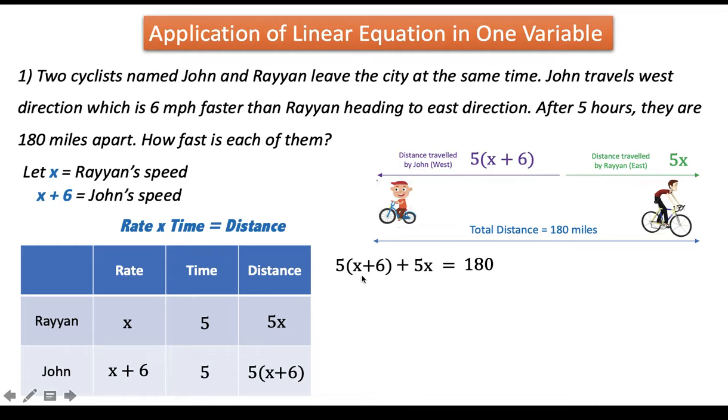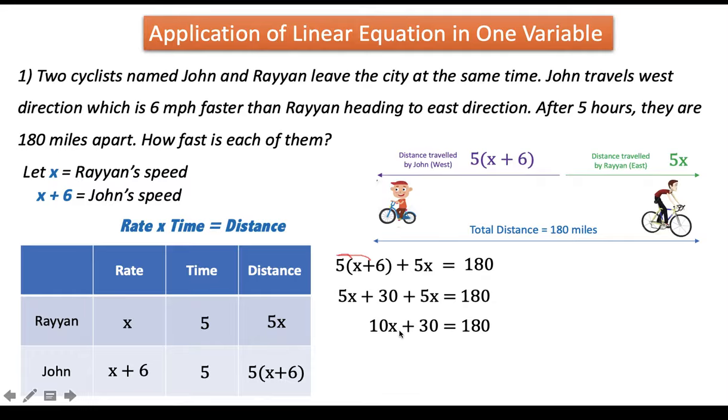Let us now simplify this. We distribute 5: 5 times x is 5x, then 5 times positive 6 is positive 30. Then write down plus 5x equals 180. Let us combine the like terms, 5x and 5x, that is 10x, plus 30 equals 180.